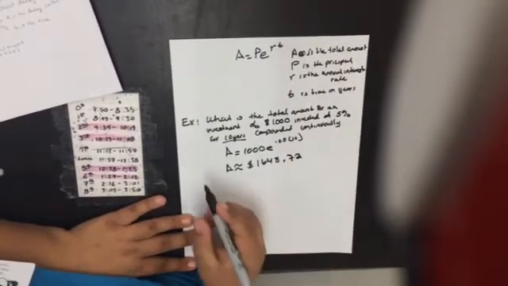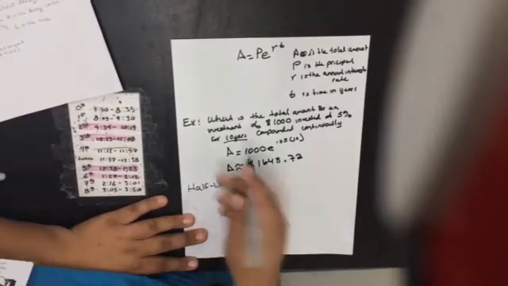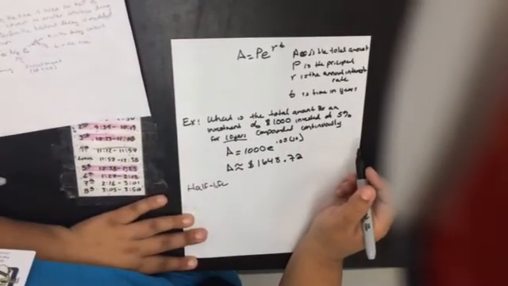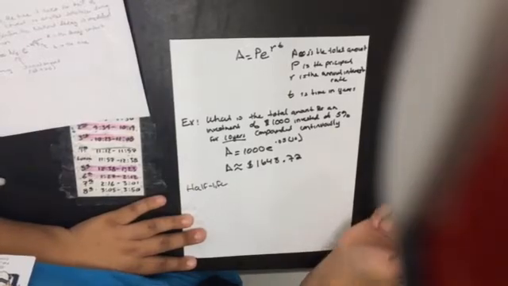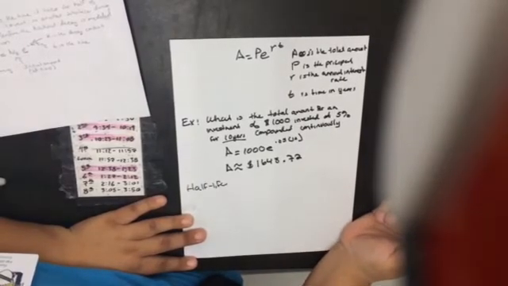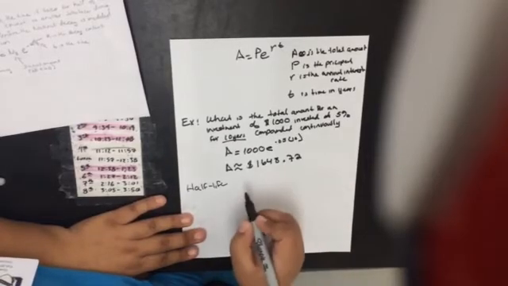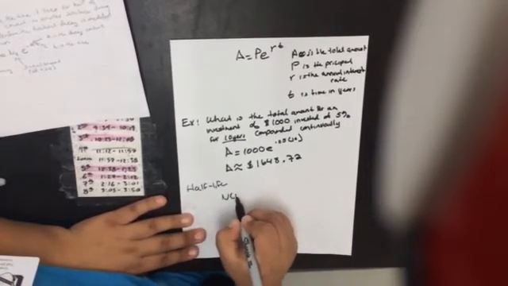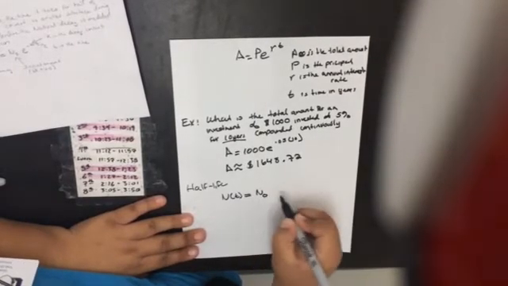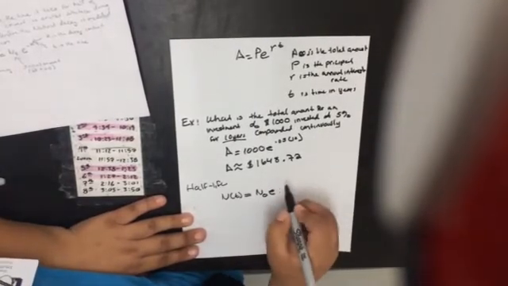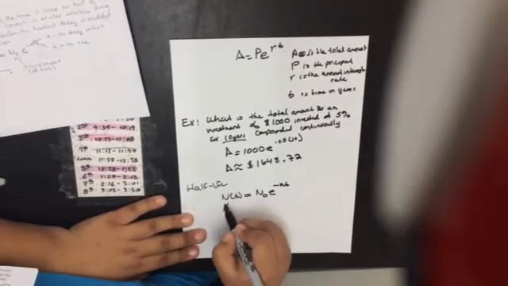In this section, you're also going to learn about half-life. The half-life of a substance is the time it takes for half of the substance to break down or convert into another substance during the process of decay. Therefore, the natural decay is modeled by the following function. N of t equals n naught times e to the negative k times t.